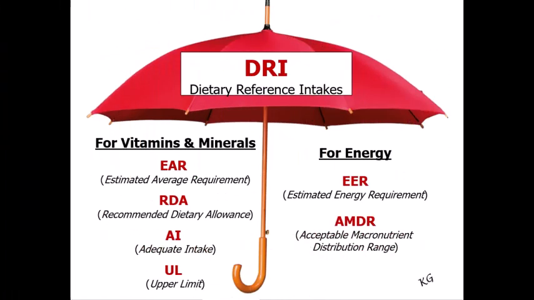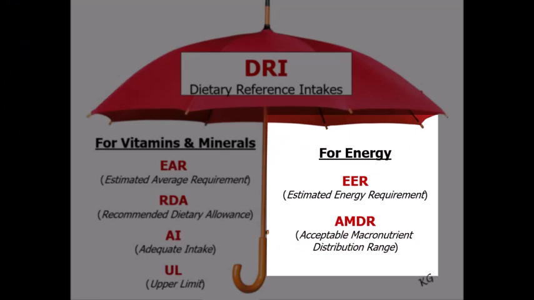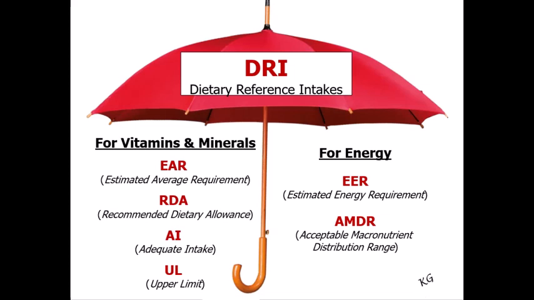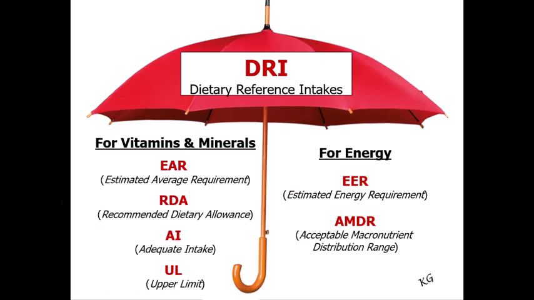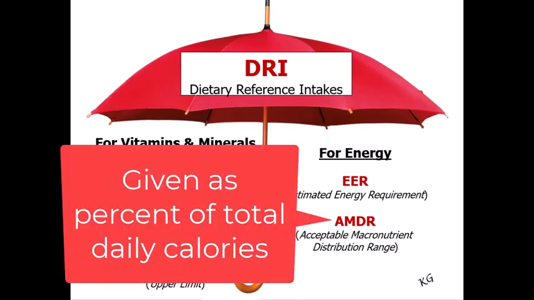DRI values are also given for energy requirements. For the calorie-containing nutrients, that means the proteins, carbohydrates, and fats, acceptable macronutrient distribution ranges, that's AMDRs, are provided. These values are given as a percent of the total calories you need per day.